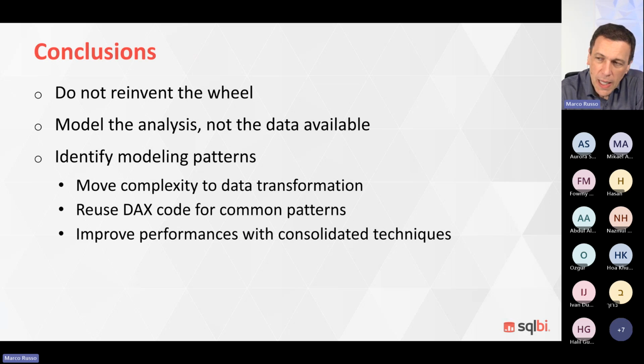So basically, if I reuse common modeling patterns that I have, I can reduce the problem to a well-known problem that has been already solved, and then I can reuse my knowledge and existing formulas, saving time and also leveraging existing patterns that have already been tested for performance, like, for example, the snapshot for the events in progress. So that's basically the idea. Try to not reinvent the wheel as the main message.